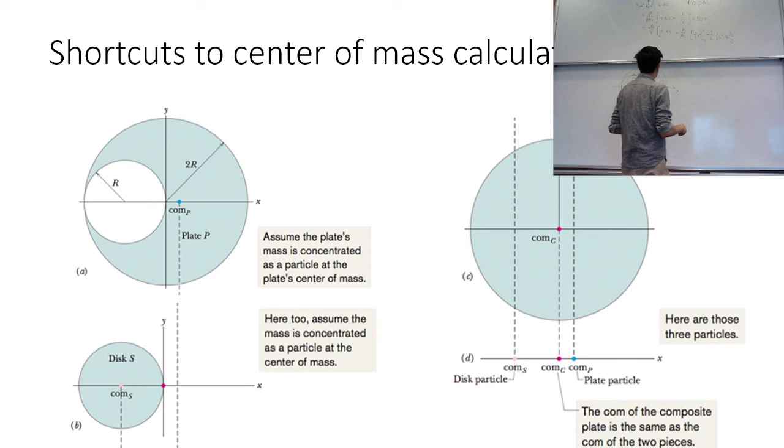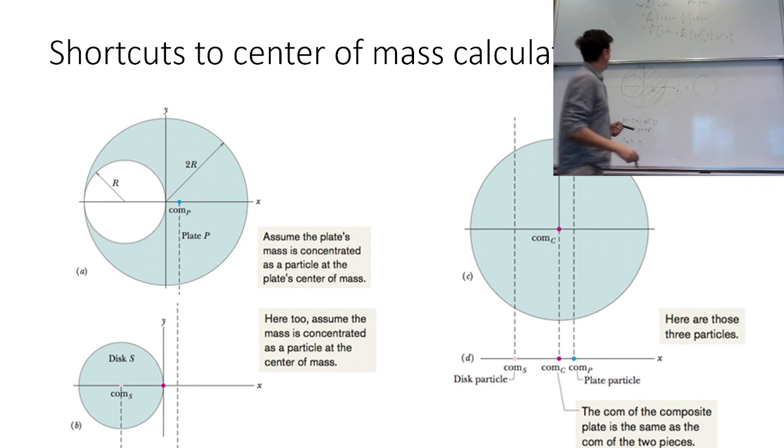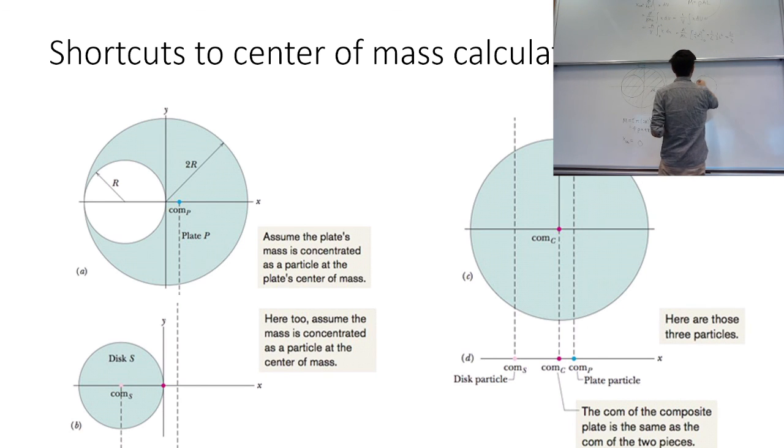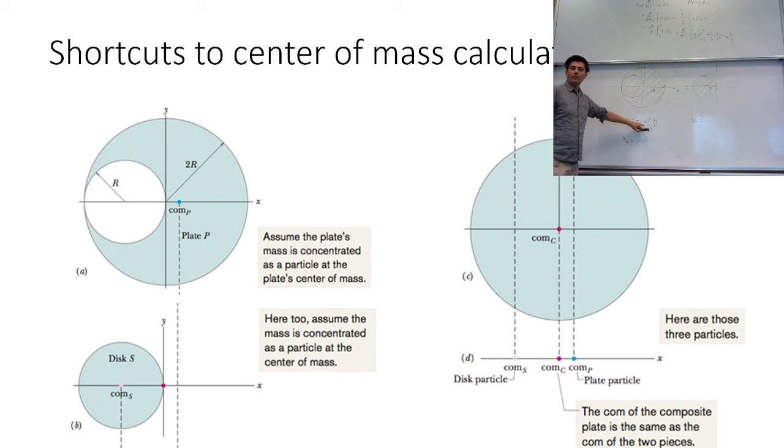Now, this is basically equal to the center of mass of the small plate. The mass of this one, which has a radius r, is basically the same thing except that it's r, not 2r.